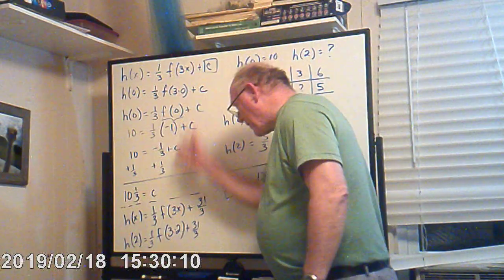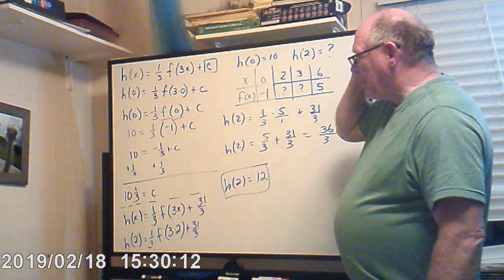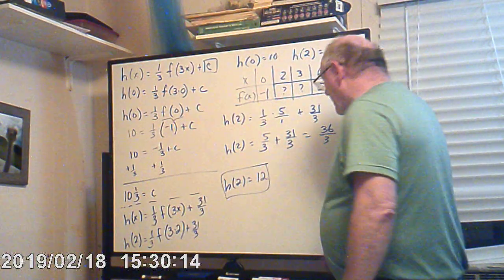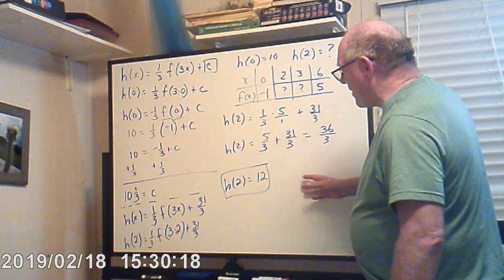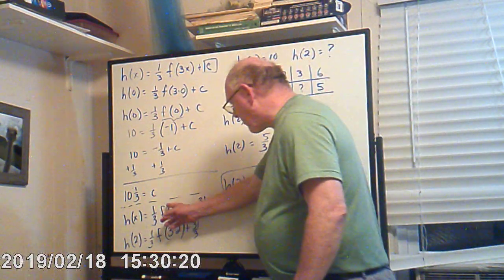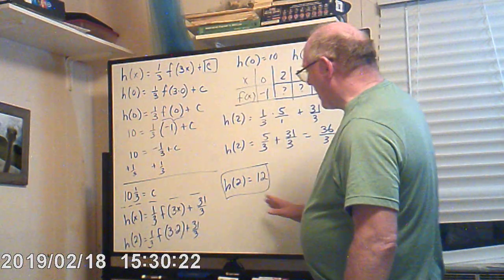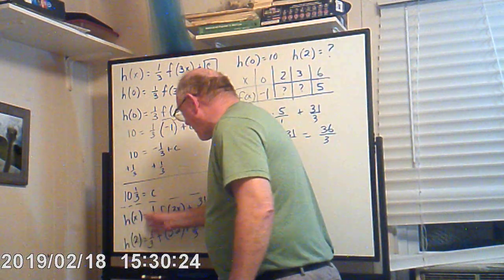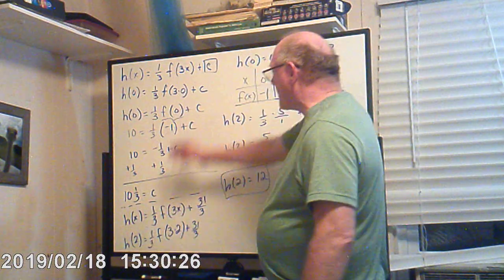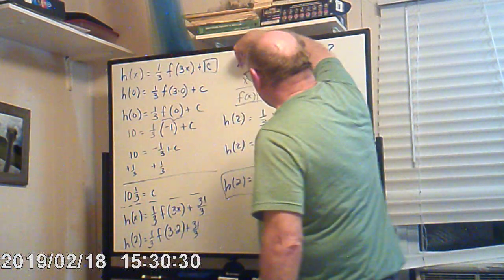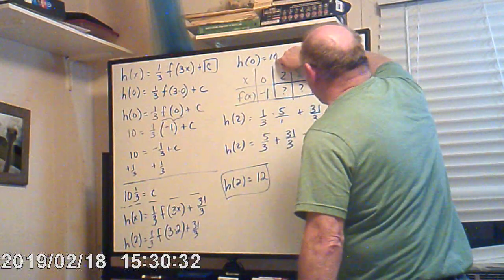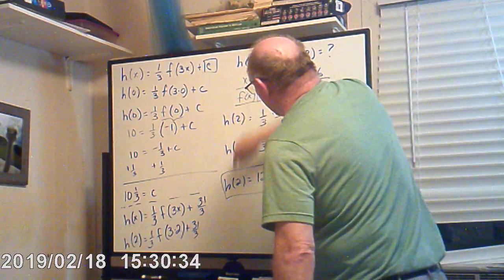I like to figure it out on my own. And so I knew that when I saw on the other side that h prime of x is equal to f prime of 3x, if I took the antiderivative of both sides, I would get h of x, because really I knew I needed h of 0 was 10, and I needed to find h of 2 anyway.